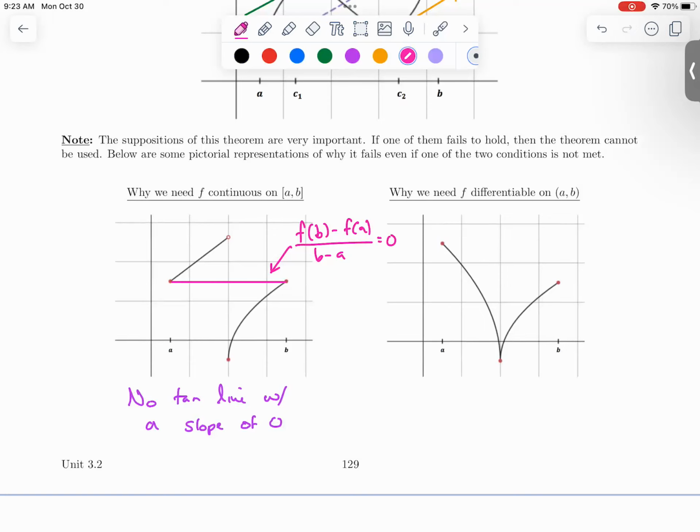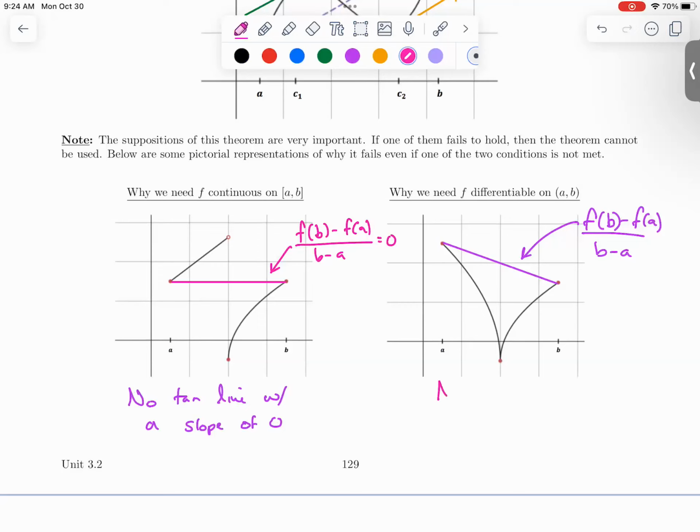And why we need differentiability is a similar situation. This line connecting the two endpoints, so that's f of b minus f of a over b minus a, and there's no value that's that slanted. All of them are either positive or very negative in comparison.